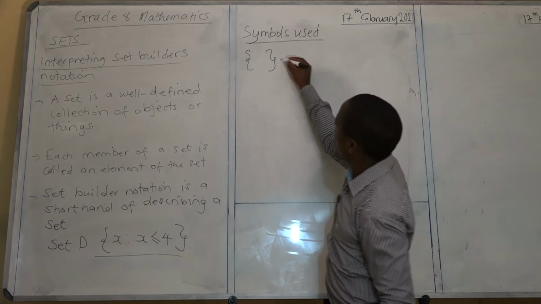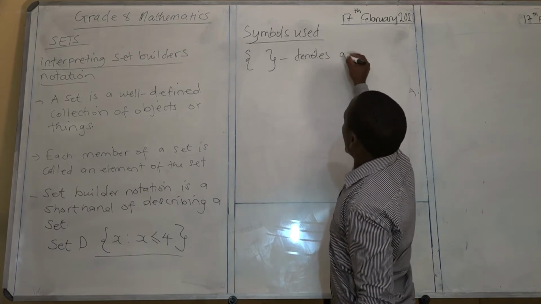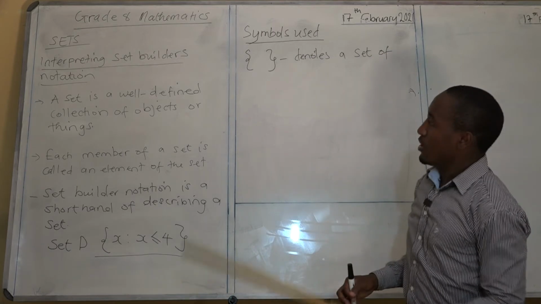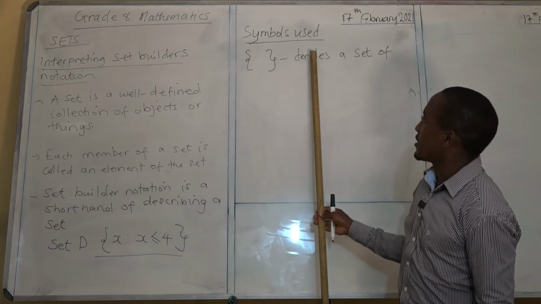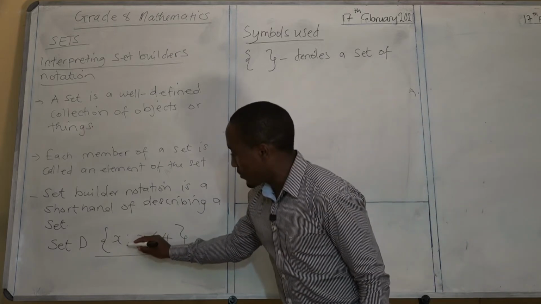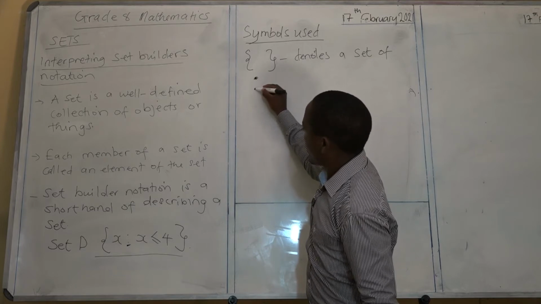This symbol denotes a set of. Always when you see this symbol, just know that it represents a set of. Then we have this one.